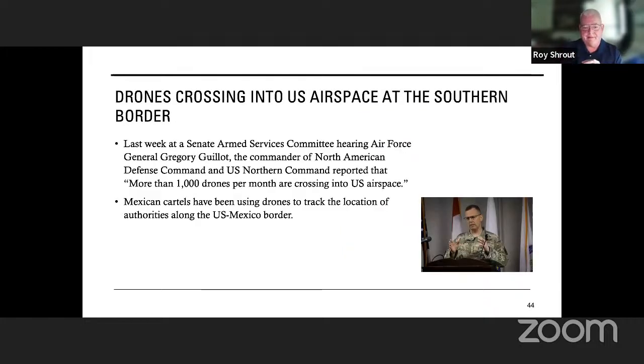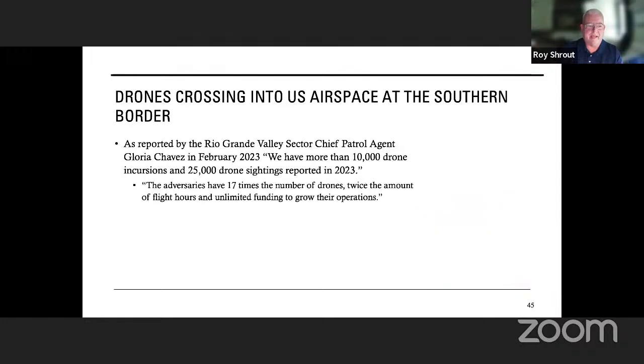This just came out literally last week. At a Senate Armed Services Committee last week, Air Force General Gregory Guillot of NORAD has been saying that there have been more than 1,000 drones per month crossing into U.S. airspace at the U.S.-Mexican border. Mexican cartels have been using them to track the location of authorities, to help with getting people over, getting the drugs, things like that.